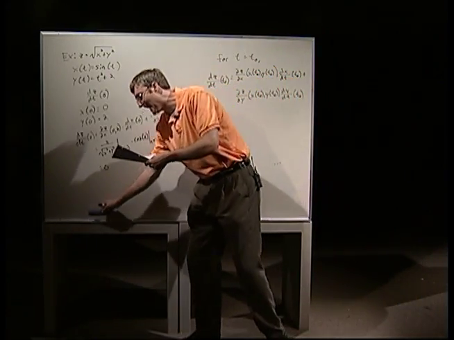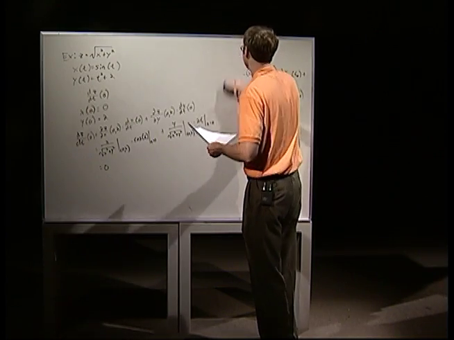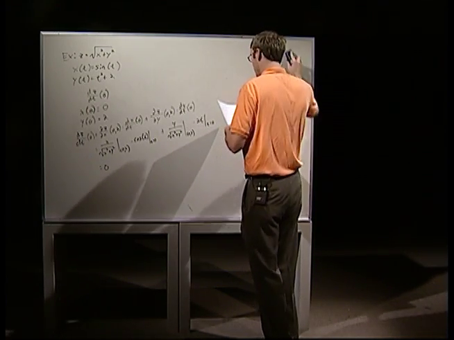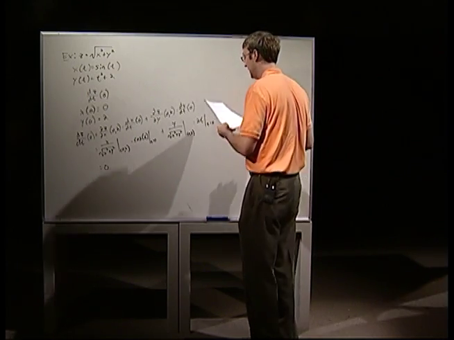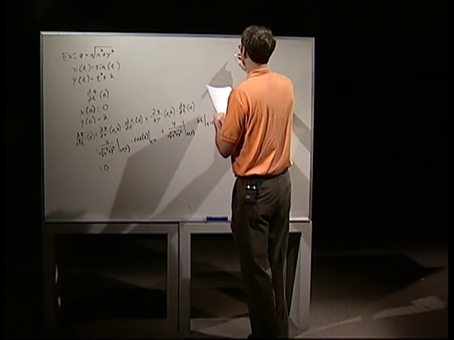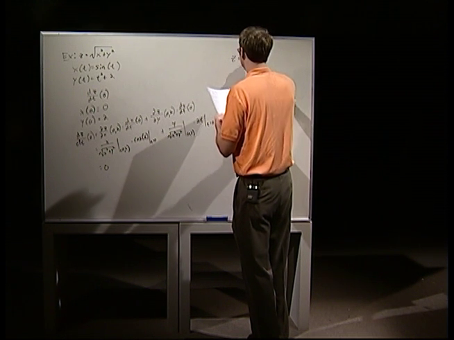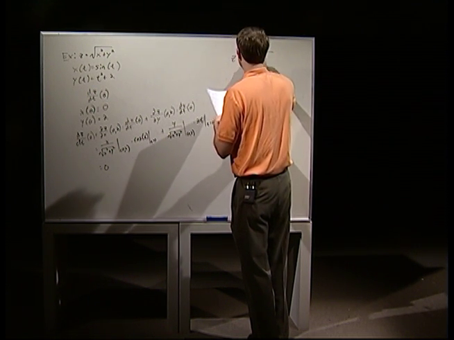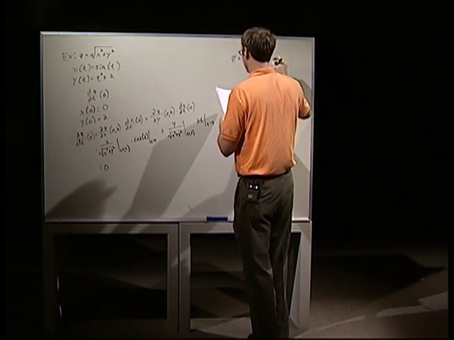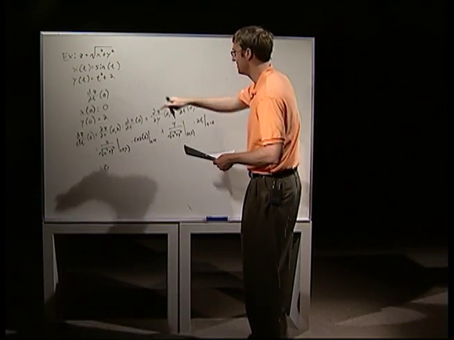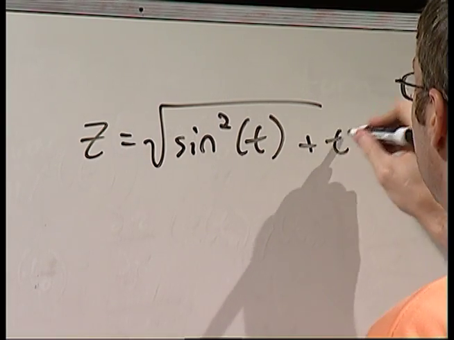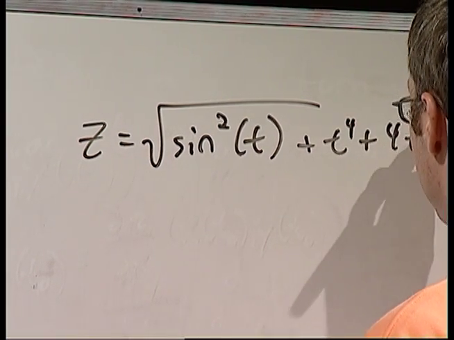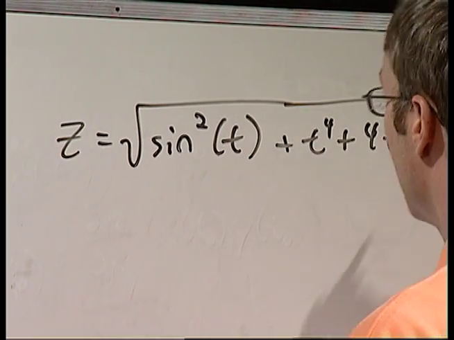And you can check this guy out if you wanted via direct substitution. You can actually plug into z and say, well, what is this thing in terms of t? z is the square root of sine squared t plus (t squared plus 2) squared, and squaring t squared plus 2, I get t to the 4th plus 4t squared plus 4.